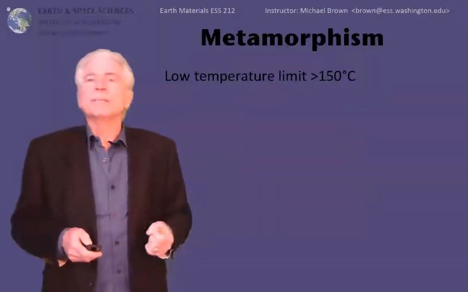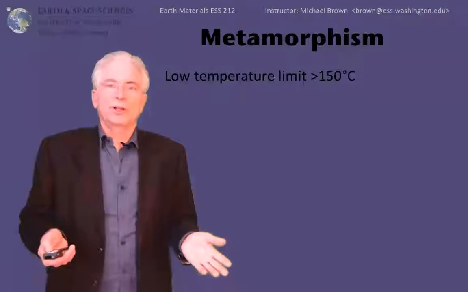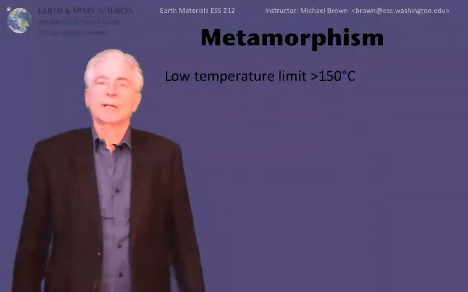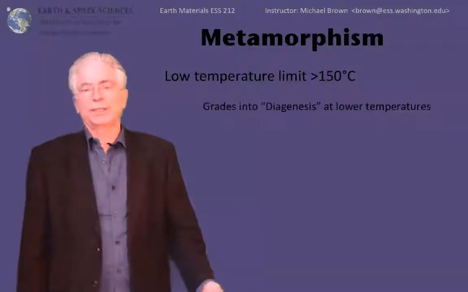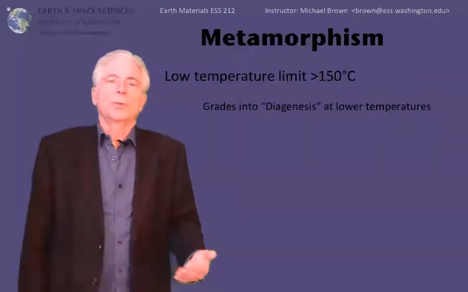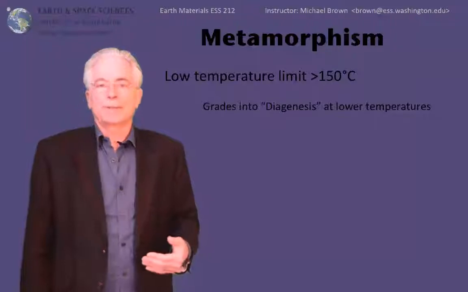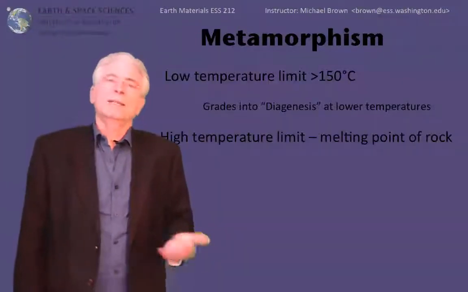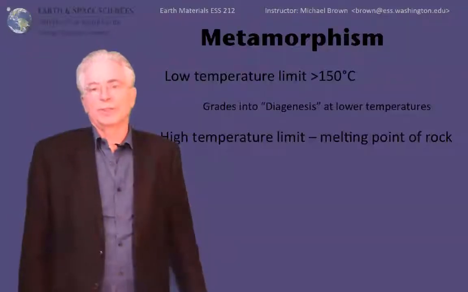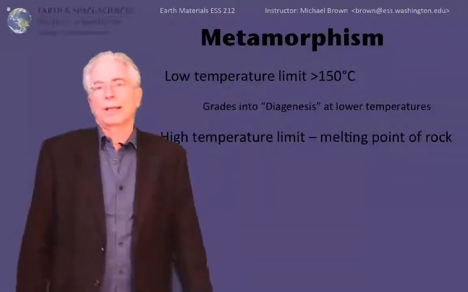So what are the limits on metamorphism? First of all, temperatures have to be higher than about 150 degrees centigrade. Below that, we call it diagenesis, and it's normal processes occurring during sedimentary lithification. The high temperature limit of metamorphism is the point at which the rock actually melts.